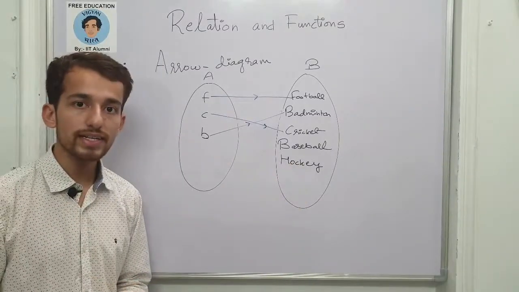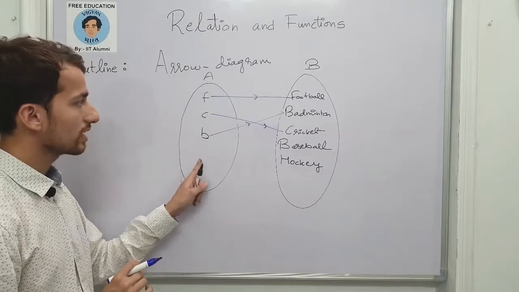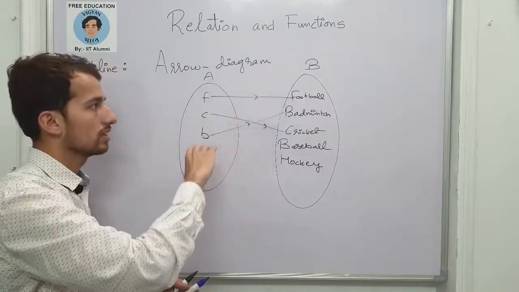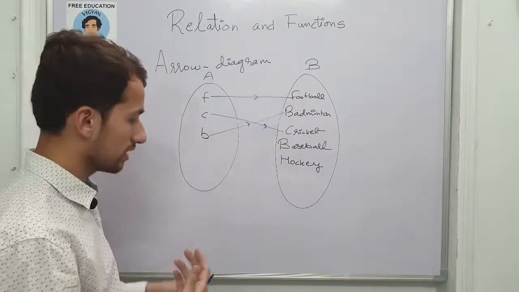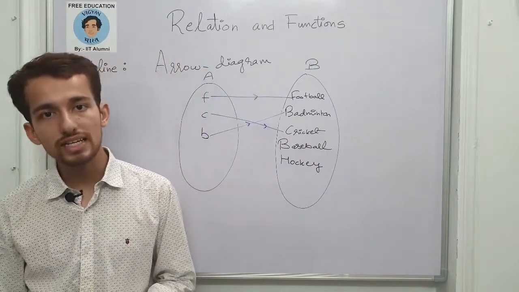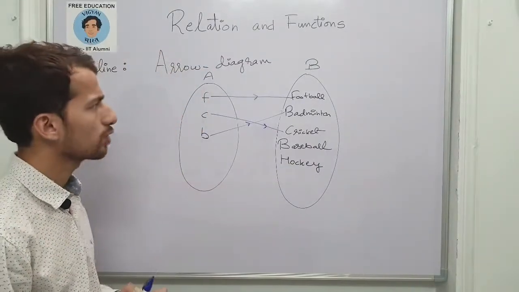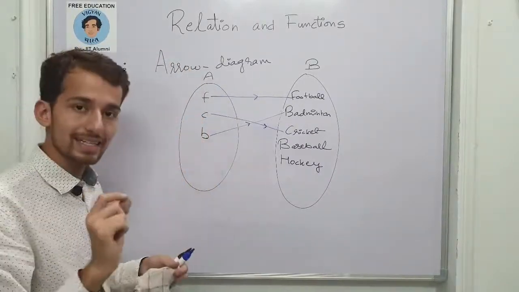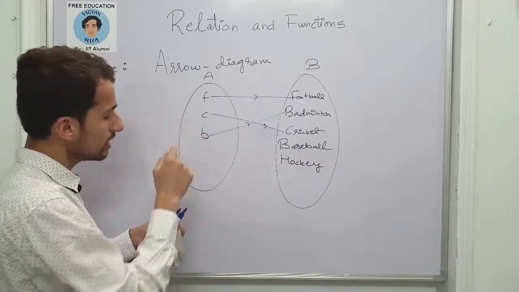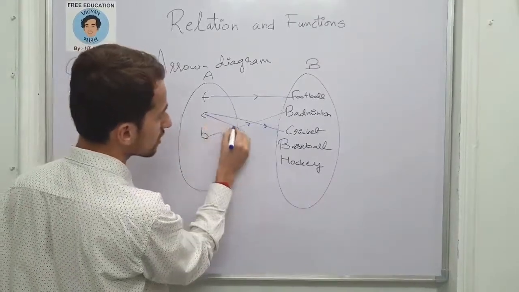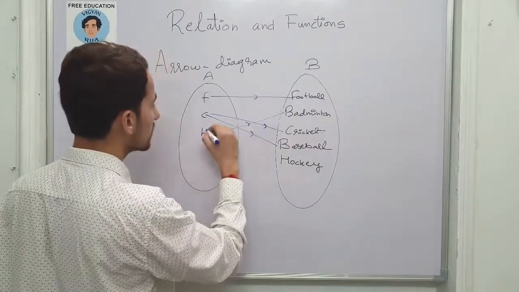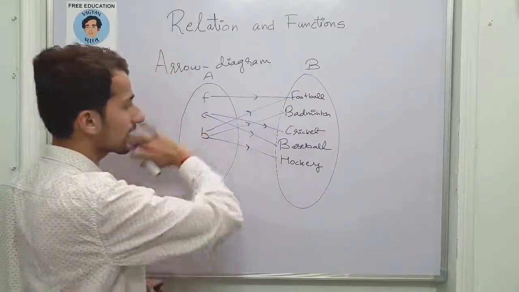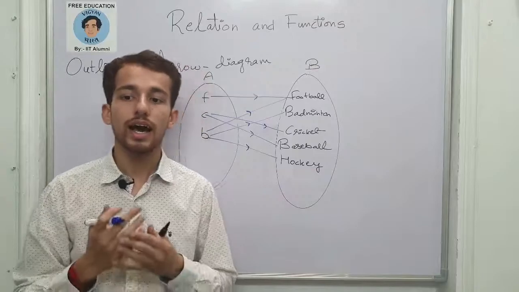And one more important point, on the first set, if there are some more elements, assign those elements to the elements from set B. When I'm talking just of an arrow diagram in context of a relation, you can assign this element C more than once. Like here you can make an assignment again like this one.